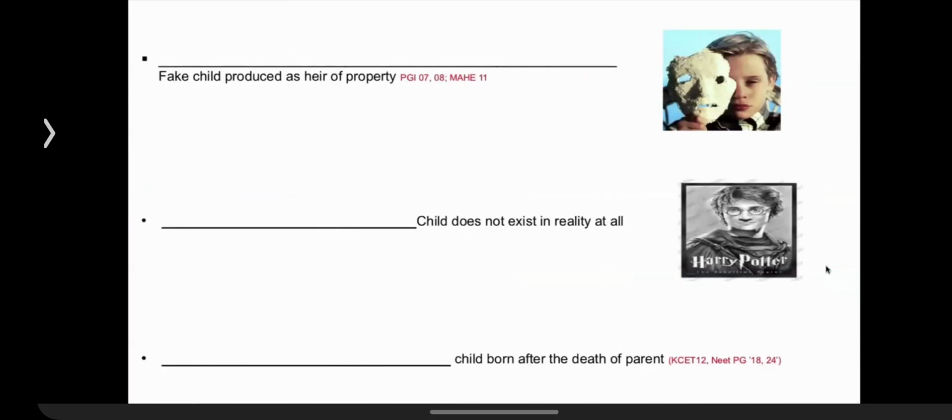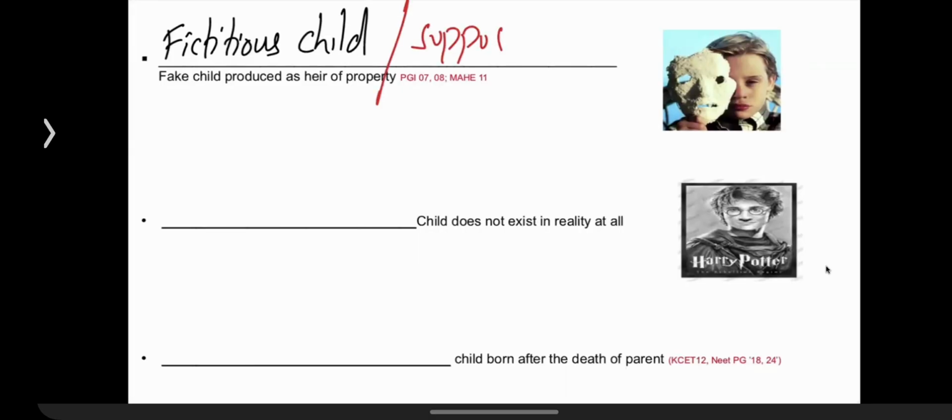Fake child produced: like you would have seen in Indian movies, the original child is missing and some other child is produced and told that he is your real child, so you give him the property. That is called fictitious child, also called supposititious child.